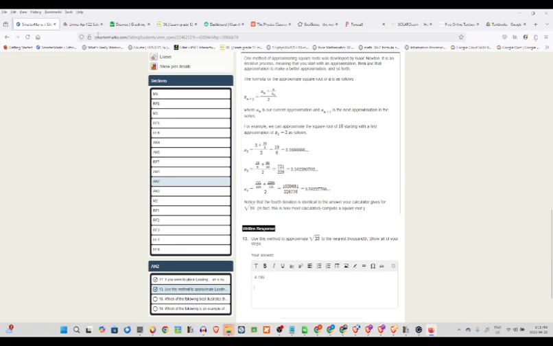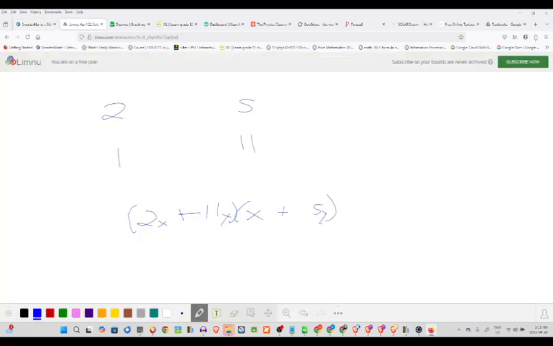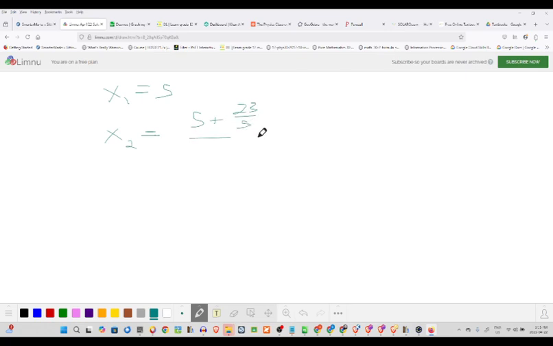So 23, the closest square root is probably going to be 25. That's our closest perfect square. So I'm going to say the first guess is 5. Our second guess would be 5 plus 23 over 5 all over 2.